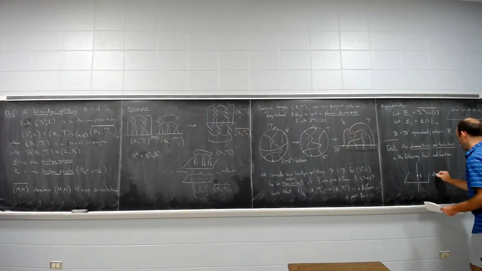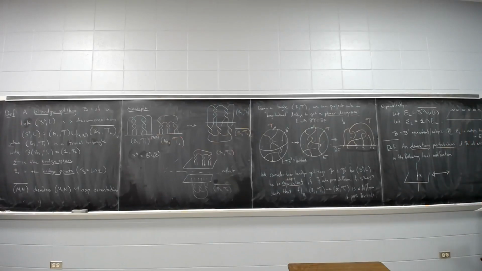And the local modification, which can be reversed, is to change this into X, X prime, and X double prime, where we introduce a new bridge arc to either side of the bridge sphere.